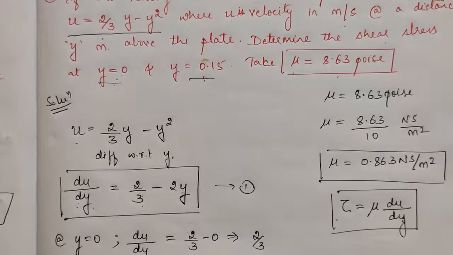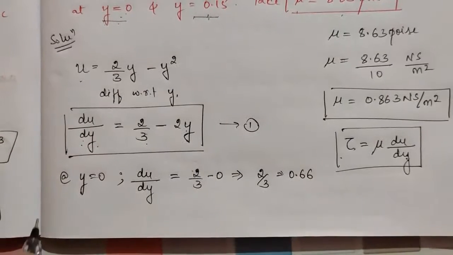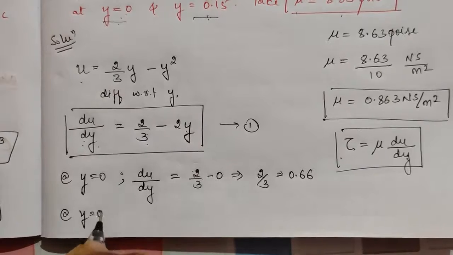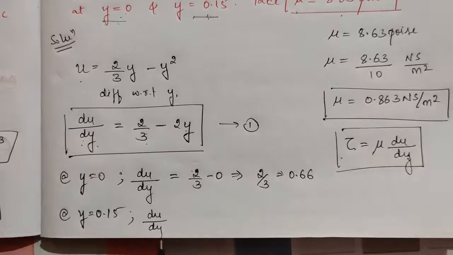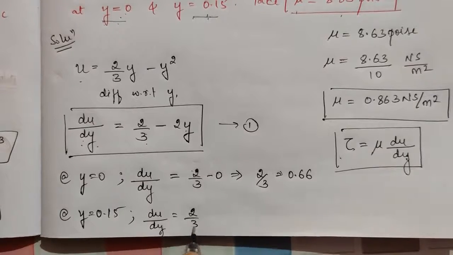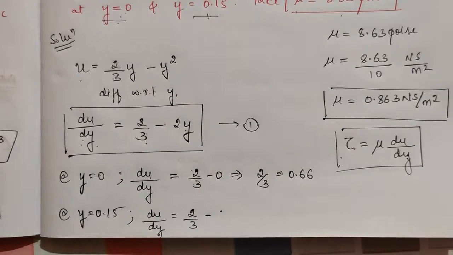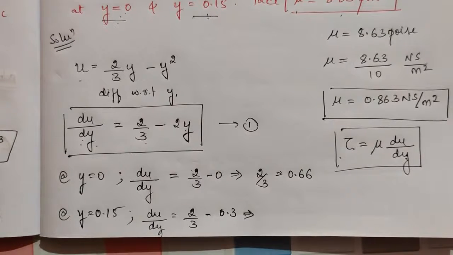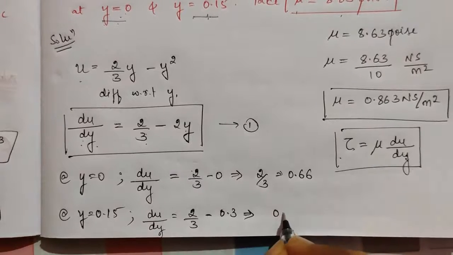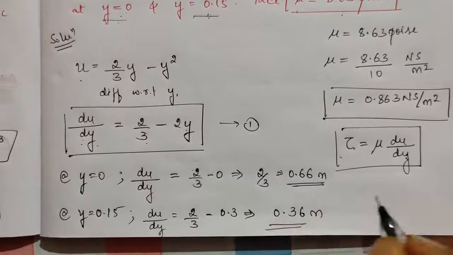If we simplify more, it will be 0.66. Next, at y is equal to 0.15, du by dy is equal to 2 by 3 minus 2 into 0.15, which is 0.3, so 0.66 minus 0.3, that is nothing but 0.36 per second.